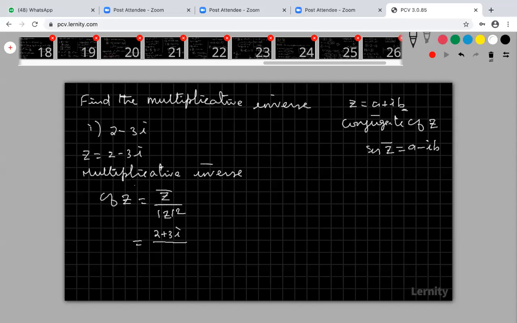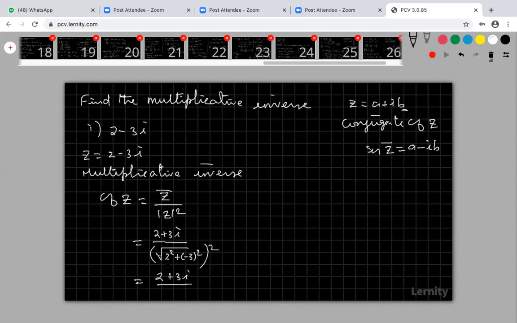Okay. And now take the modulus. What is a modulus actually? Root over 2 square plus 3 square. Actually root over 2 square plus minus 3 the whole square. Why? Here, modulus of Z the whole square. So therefore my answer is 2 plus 3i divided by, this is the square root and the square will be cancelled.